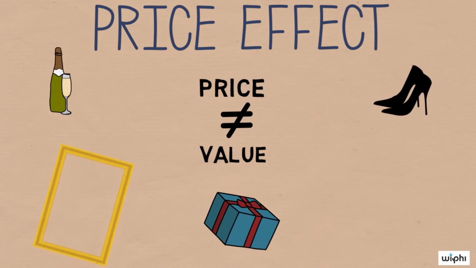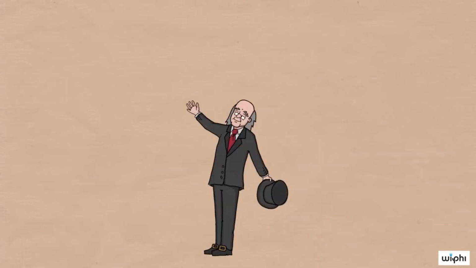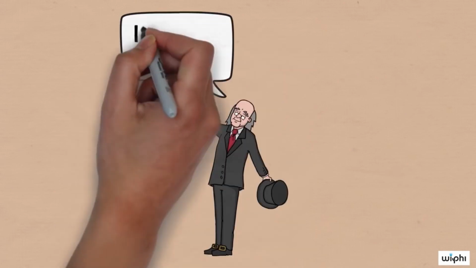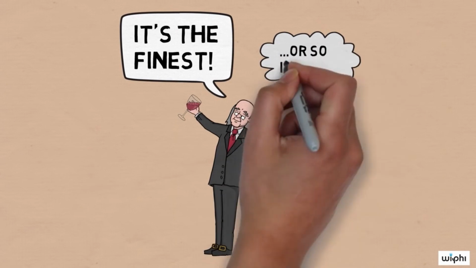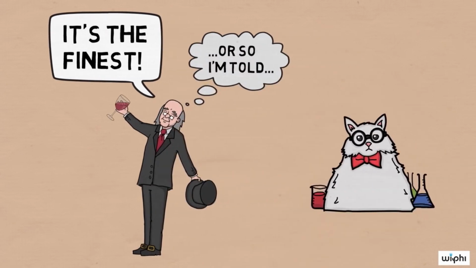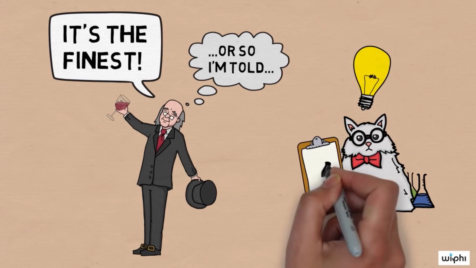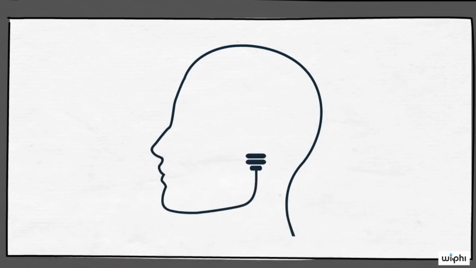You might be tempted to think that people aren't as fooled as it seems in Plassman and colleagues' studies. Maybe people just say they like expensive stuff better, even though they don't really subjectively feel like it's better. Plassman and her colleagues worried about that too, which is why they used a pretty ingenious technique to test whether subjects actually liked one wine better than the other. Rather than just asking subjects, they used brain imaging techniques to test how people's brains process the same wine with different price tags.